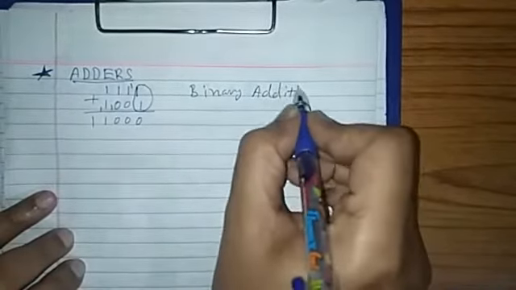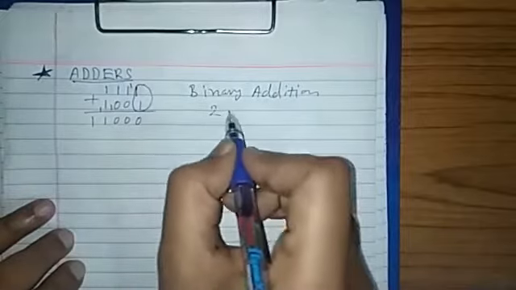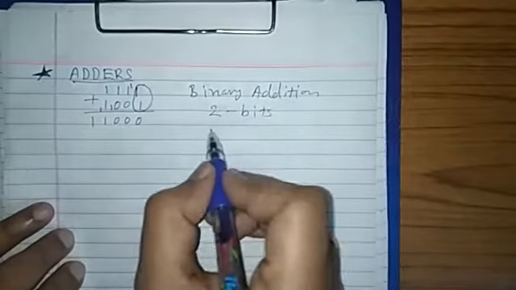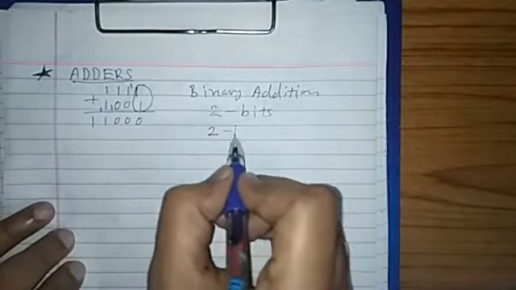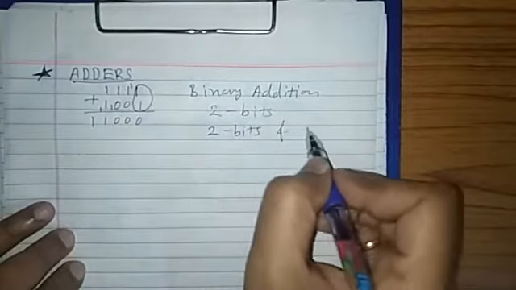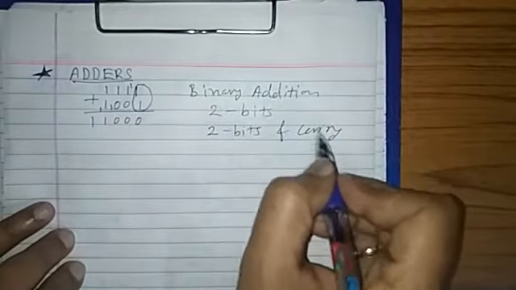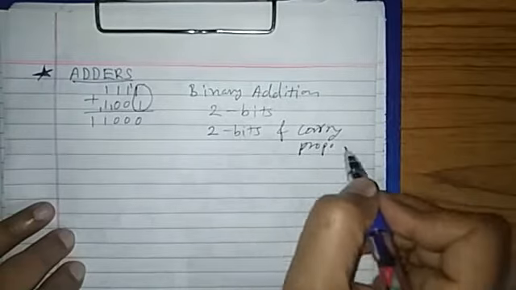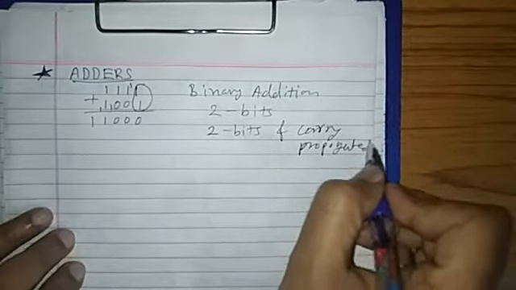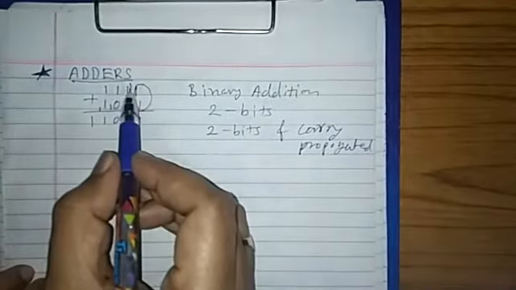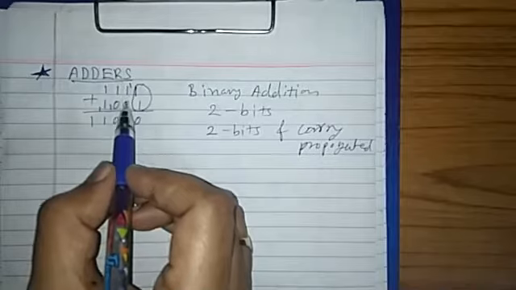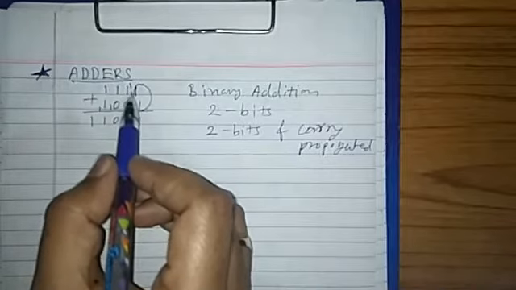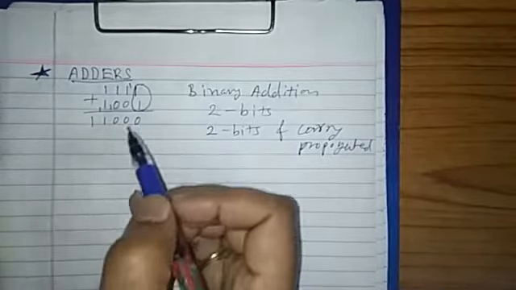we are required to add either 2 bits or 2 bits and carry propagated from the previous bit. Okay, here carry whatever we are getting, that will be added to these 2 bits, means total 2 inputs and previous carry. Therefore total there are 3 bits.